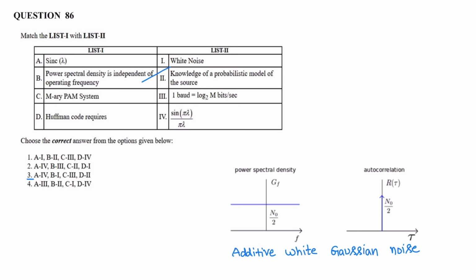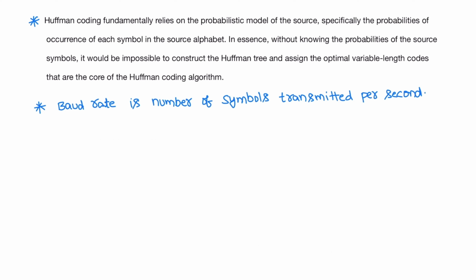Sinc lambda is sin pi lambda by pi lambda. Next, M-ary PAM: 1 baud is equal to log M base 2 bits per second. Baud rate is the number of symbols transmitted per second.